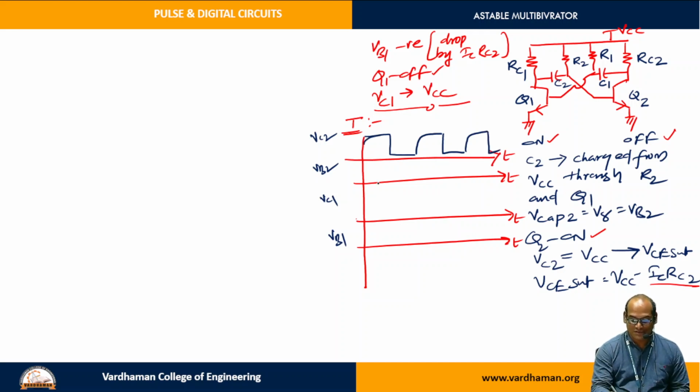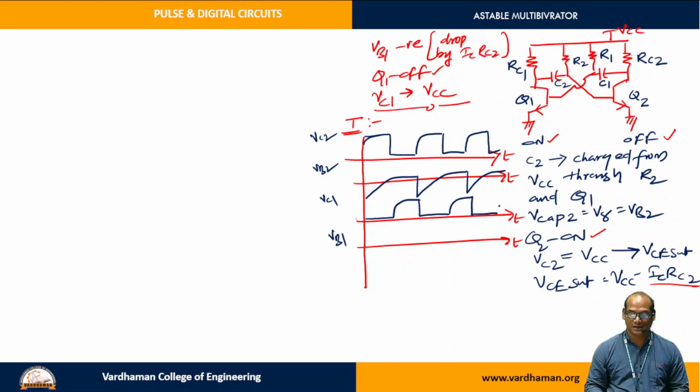Next VB2 is first negative, then it is becoming on, off, on, off, on. Collector means here, for the Q1 transistor, we have to take the opposite way. Like this we have to take. And VB2 on state, off state, on state, off state, on state, off state.